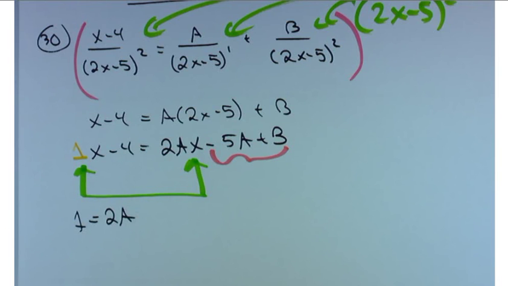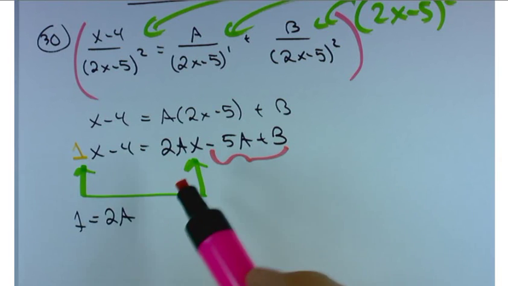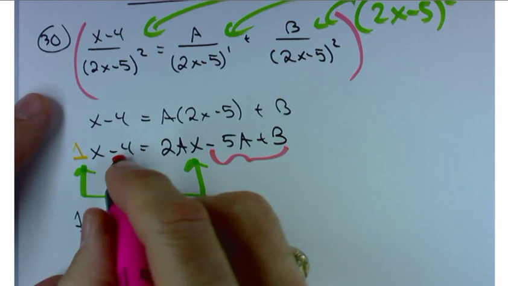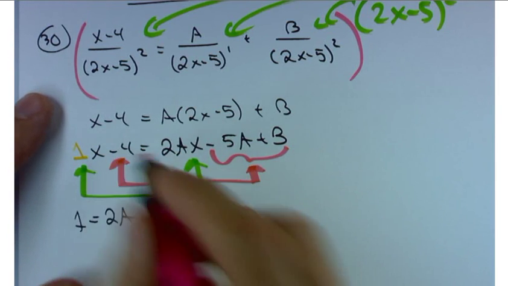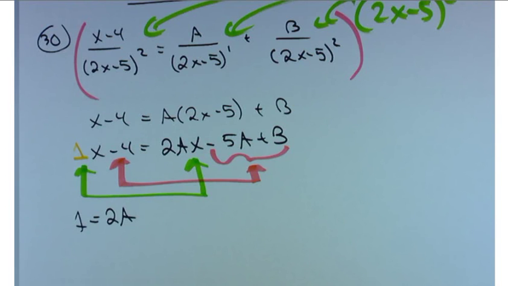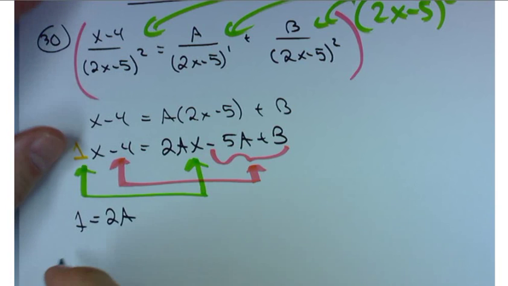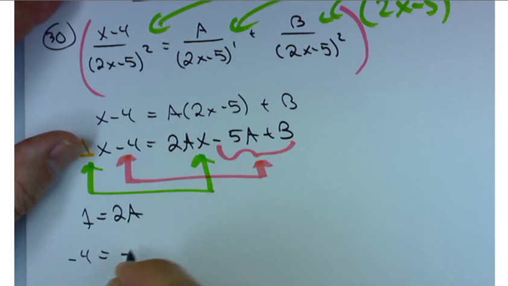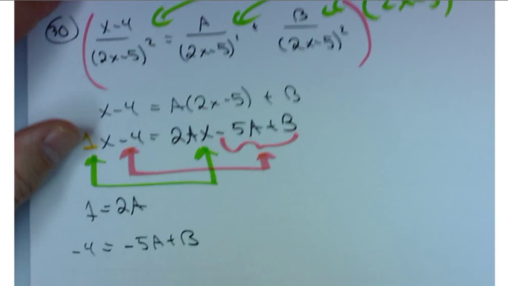Why is it your constant term? Well, it doesn't involve the x. So I get another equation from that. What's that second equation? Negative 4 equals negative 5A plus B.